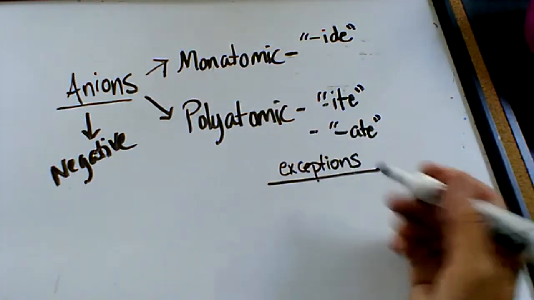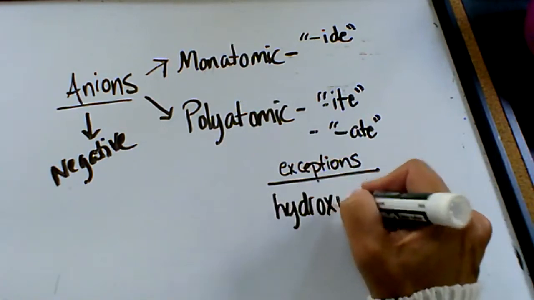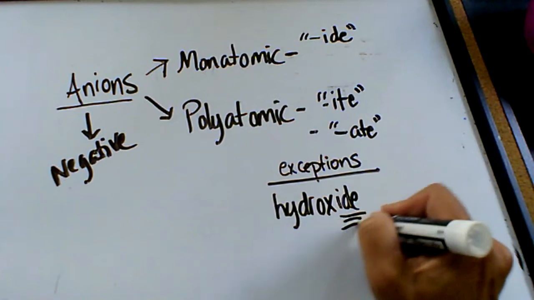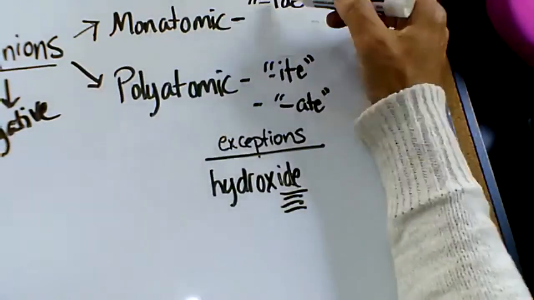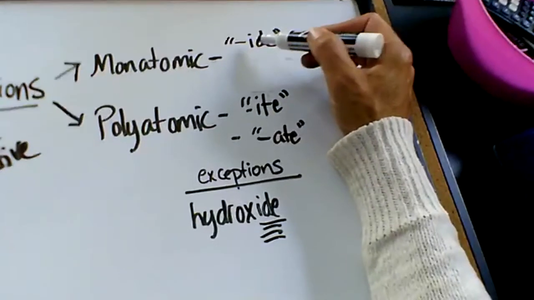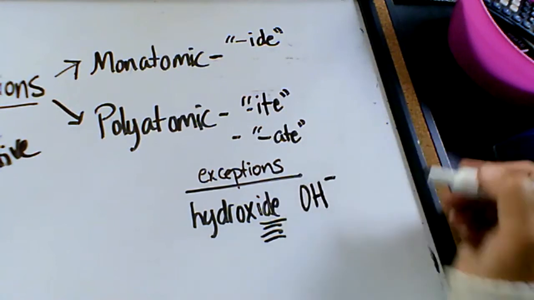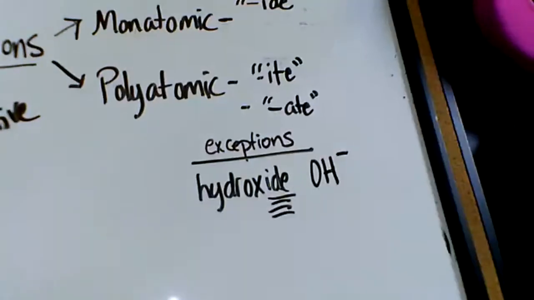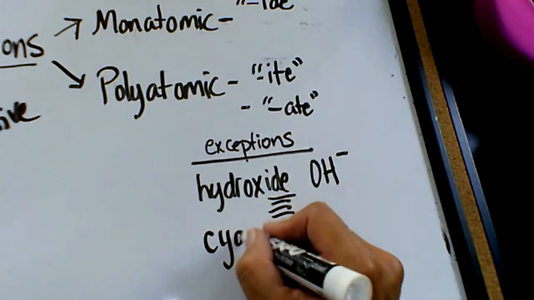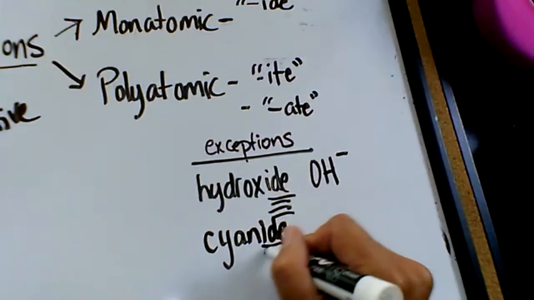You've got hydroxide. Hydroxide ends in IDE, but it is not monatomic. It's actually an O and an H bonded together with a negative charge, so it's polyatomic. You just have to memorize it. There is cyanide. You're not going to see this very often, but it ends in an IDE.